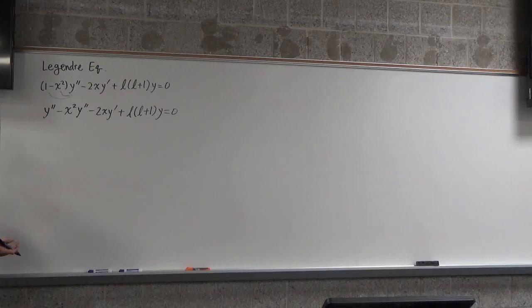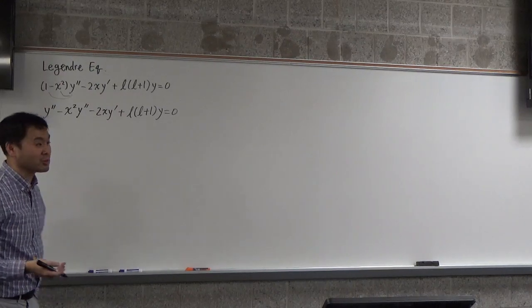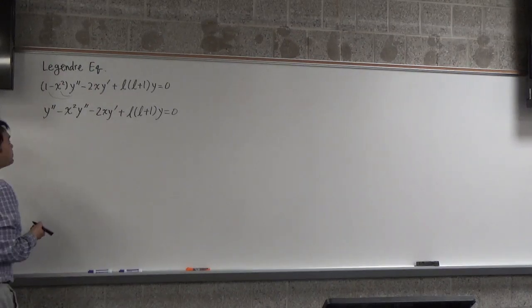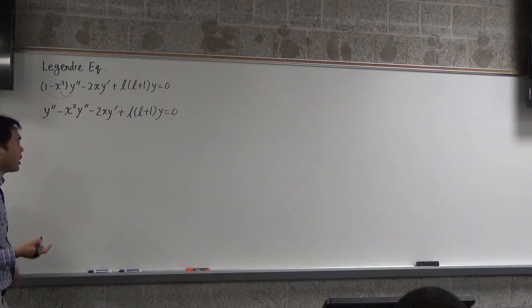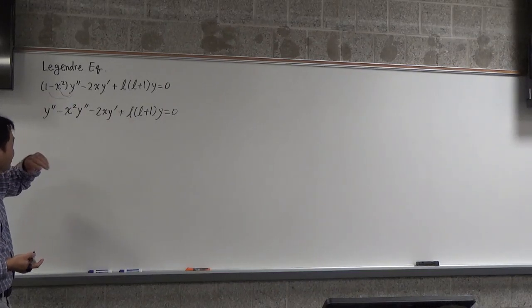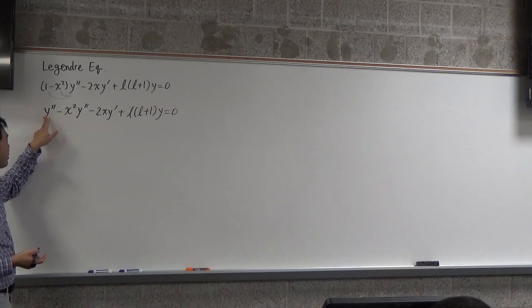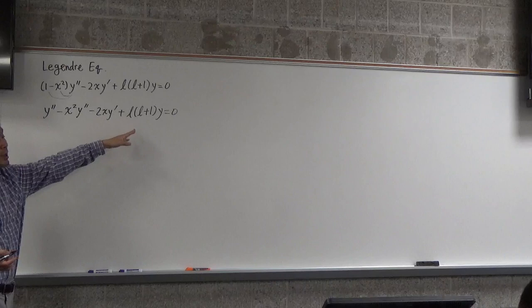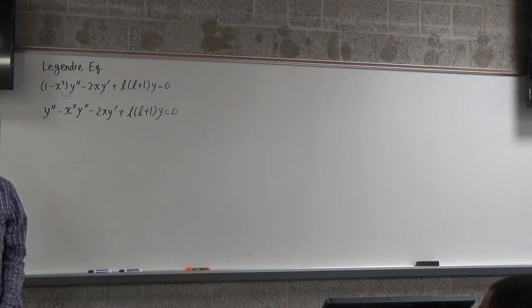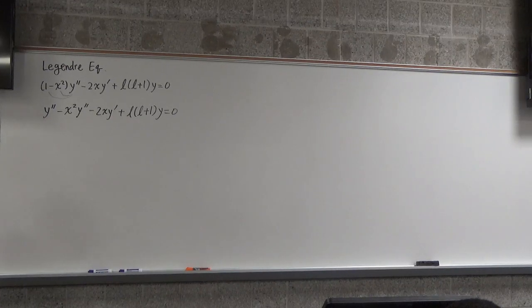L is like 1, 2, 3, 4, 5, and so on. And also L is 0, but the 0 case is not so interesting, because in that case you just have y double prime and y prime.